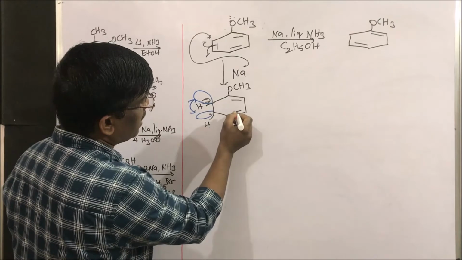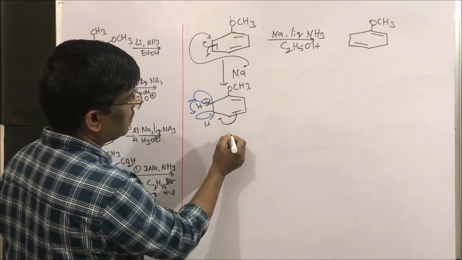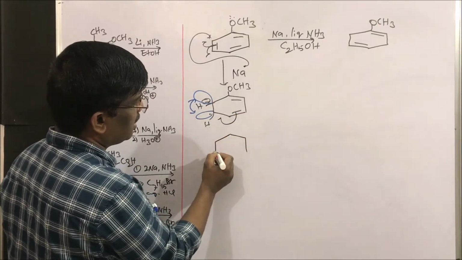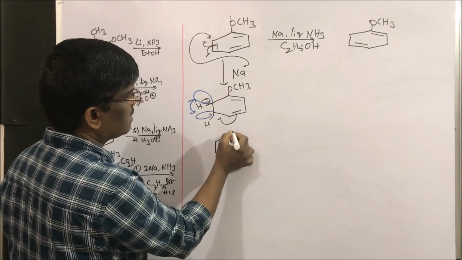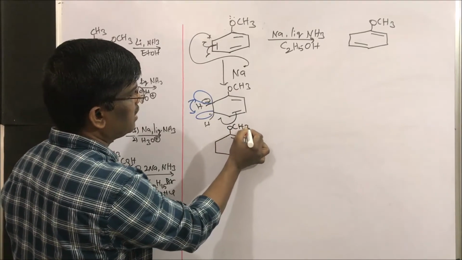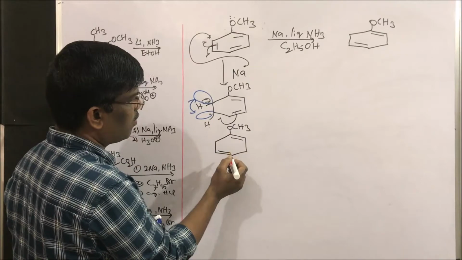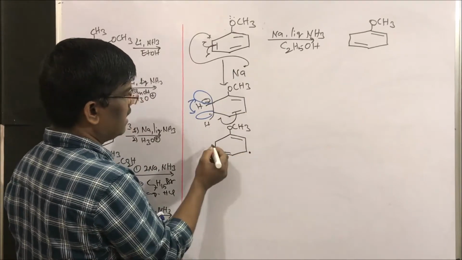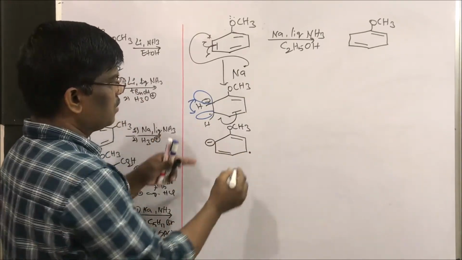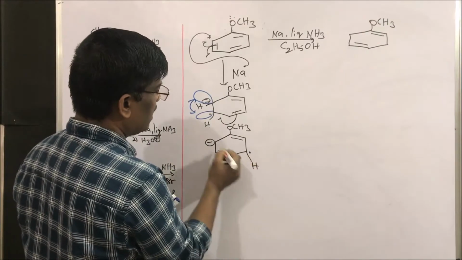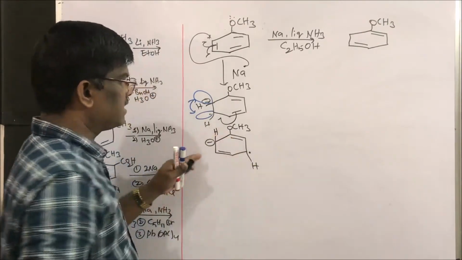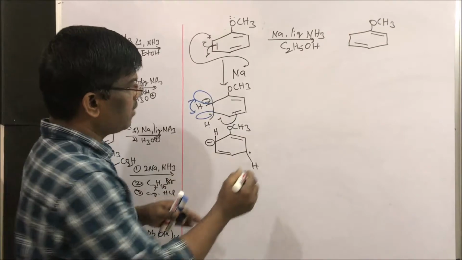To overcome the repulsion, yes, what happens? This charge will move here to give this. We are not going to disturb this double bond. So here the double bond is there, here the radical is there, the ion is there. So I can write hydrogen here, already existing hydrogens are there. Now what happens?